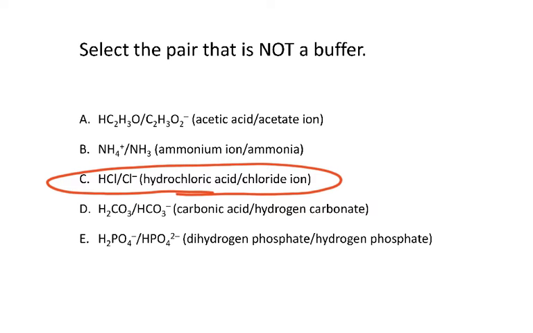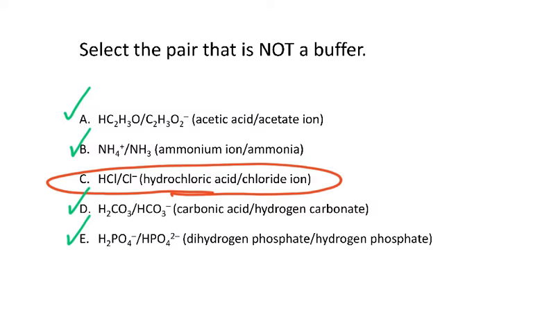And so this one is not a buffer. Strong acids cannot be buffers because its conjugate base is just an ion. It's not actually a base. All the rest of these are really nice buffers. So these three we just saw on the previous slide, and then this would be an ammonia buffer.